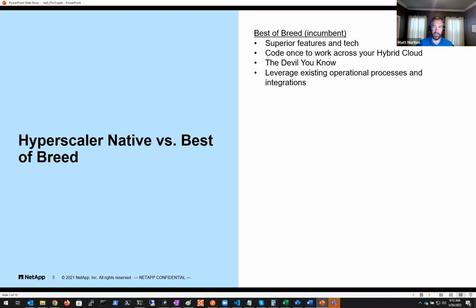But if you're using a third-party solution that's available in all of those clouds, then you can code once for the most part. That's not 100% true, but it's 90% true. So, if you're coding for F5 in Amazon, it's not going to be a whole lot different than F5 on-prem or F5 in Azure, and so on. You can sort of code once and simplify your life.